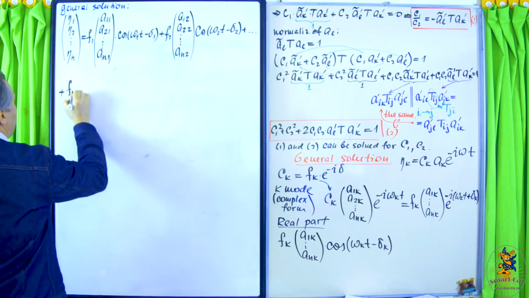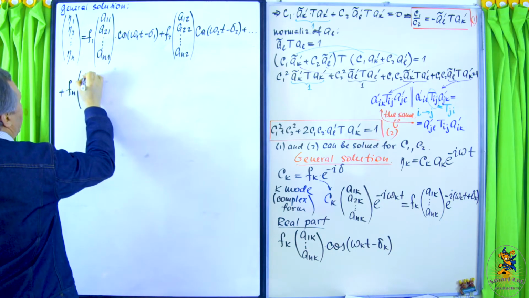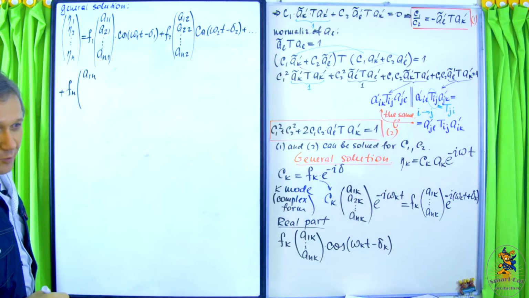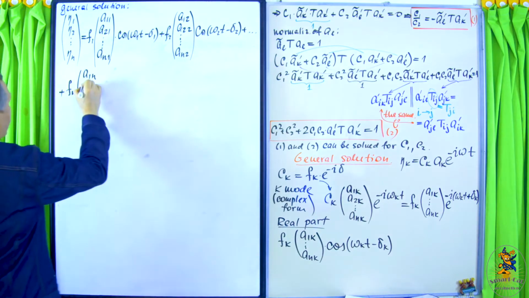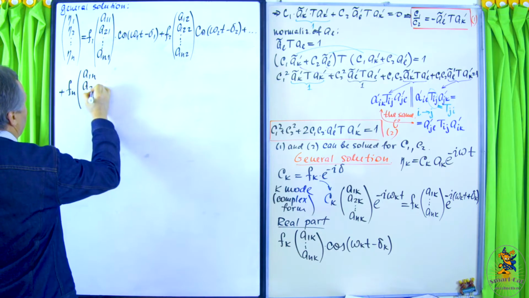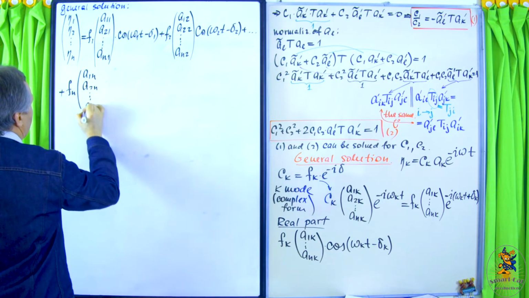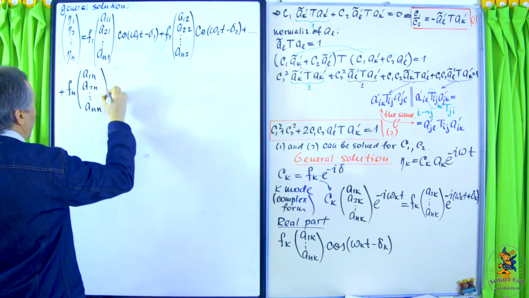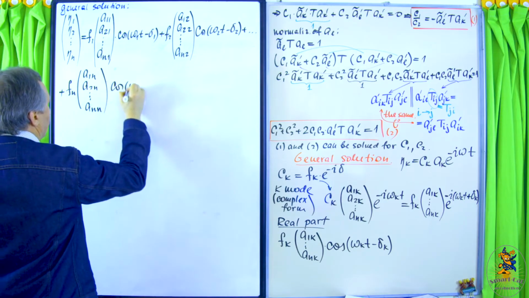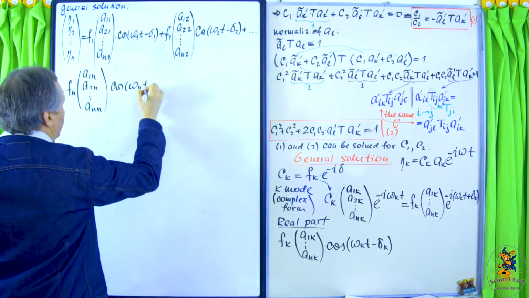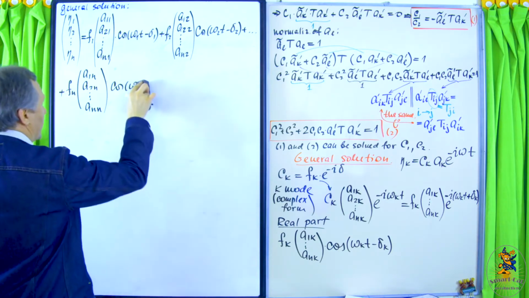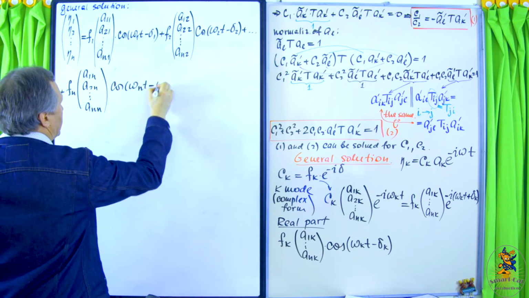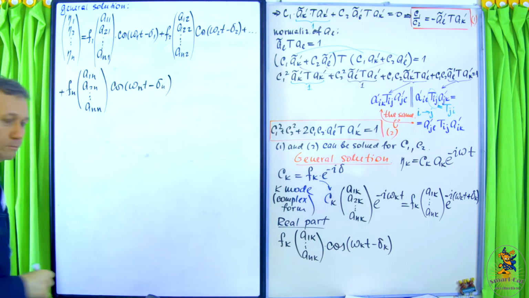So it will be Fn, column of amplitudes A_1n, amplitude of the first particle in the nth mode, the second particle in the nth mode, and all the way to the amplitude of particle n in the nth normal mode, and cosine of omega n t minus delta n.